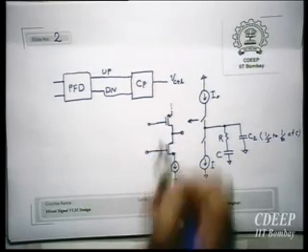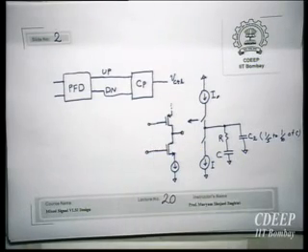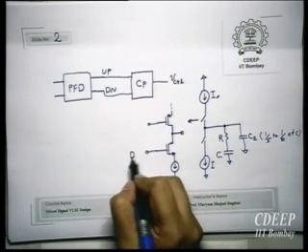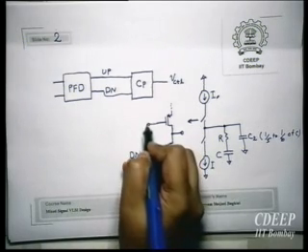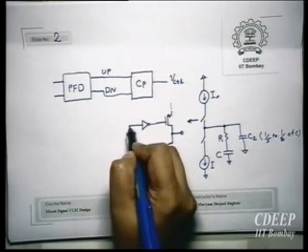When down is 1, I want to sink the current, so it will work properly. But when up is high, it won't work. I want to switch on this. Therefore, I have to put an inverter here and then give up.